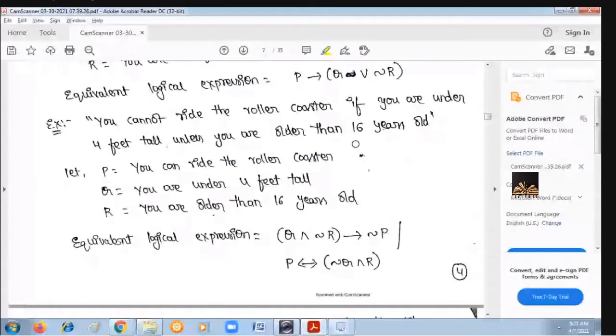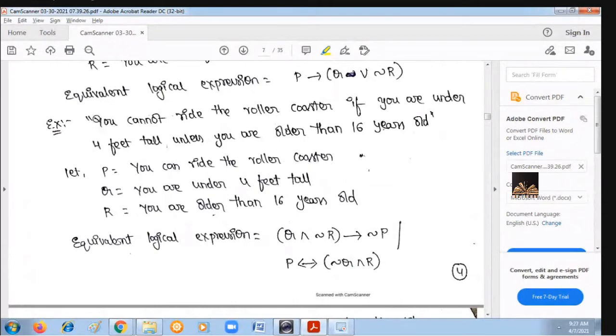See what I am reading. If you are less than 4 feet height and your age is less than 16 years, then you cannot ride the roller coaster.